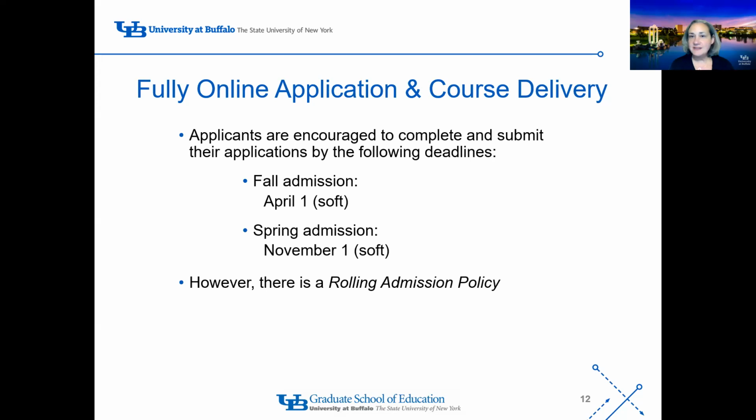Courses fill up fast. So for spring, November 1st is the soft deadline. I encourage you to try to get your application in right around then, because registration opens for current graduate students on October 31st. And as I said, courses fill up fast. So I would try to get your application in as soon as you can if you're planning to join us.